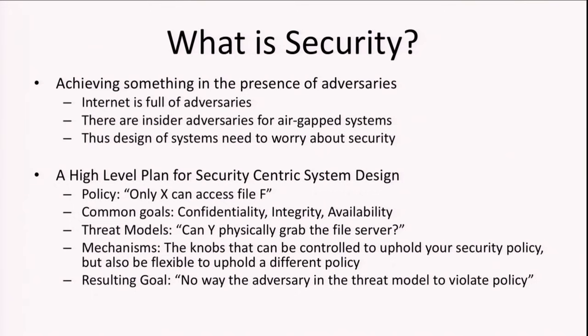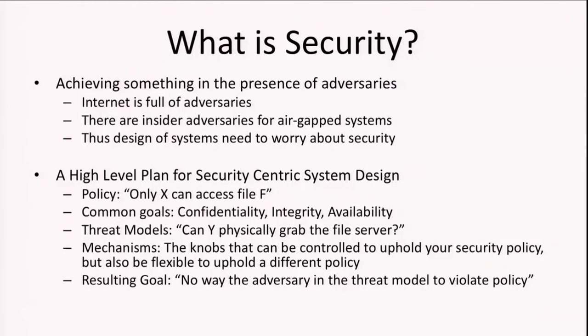And as we discussed before in the Stuxnet context, even things which are not connected to the internet, like air-gapped systems, even there are insider adversaries, for example, and there could be other adversaries, which are created to be adversary by other adversaries. And so any designer of system nowadays has to worry about security because of these.